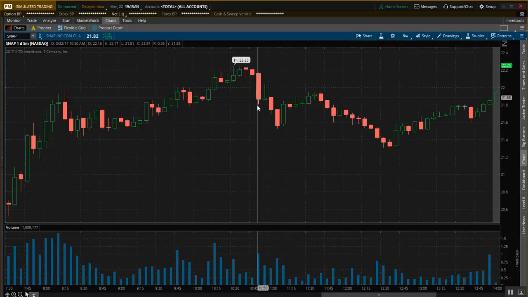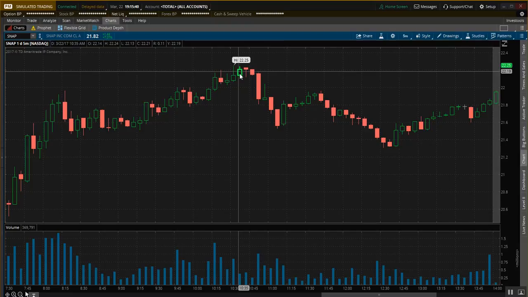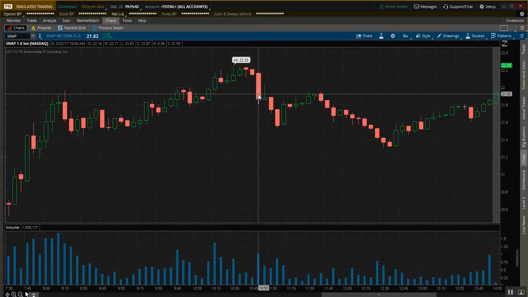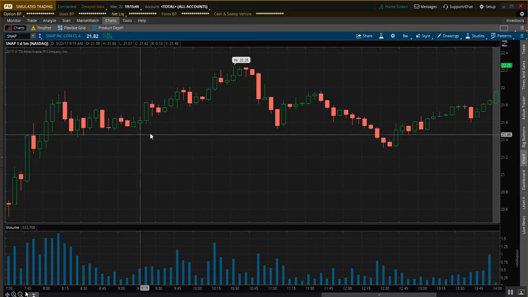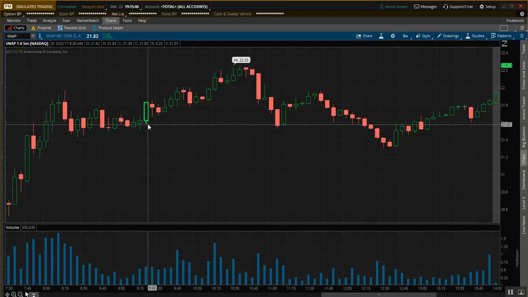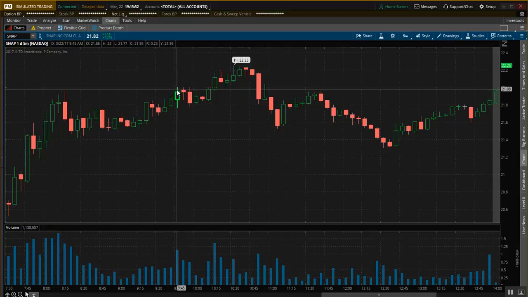The body is the spread between the open and the close, and the color of the stick determines where the open and the close are. On a green candlestick, the open is at the bottom and the close is at the top, and then these lines coming out the top and the bottom are price movements within that time period.